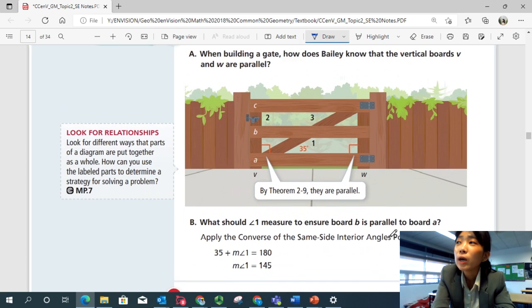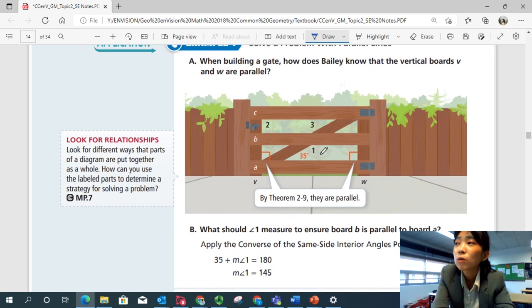Part B. What should angle 1 measure to ensure board B is parallel to board A? So think about all the properties for parallel lines and the transversal. We have a transversal here. And this angle is made from this transversal that goes through all lines A, B, C.